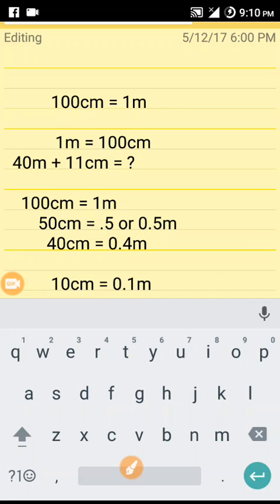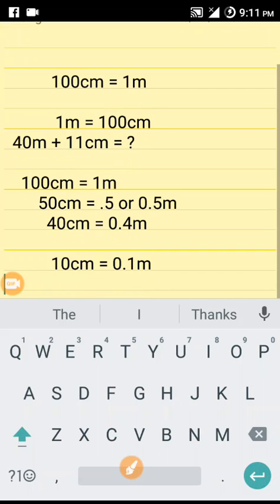So therefore 20 centimeters gives us 0.2, 30 centimeters 0.3, 40 centimeters 0.4, 50 centimeters 0.5, 90 centimeters 0.9, and 100 centimeters gives us 1. So if it is 150 centimeters, it gives us 1.5 because 50 centimeters gives us 0.5 already. So 100 is 1 and 50. So 150 centimeters gives us 1.5 meters.